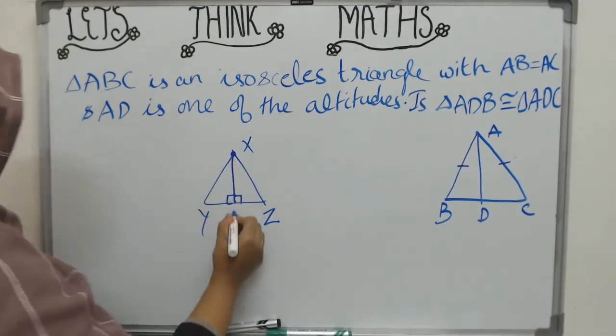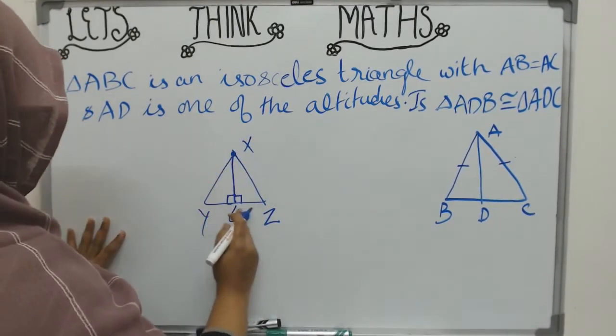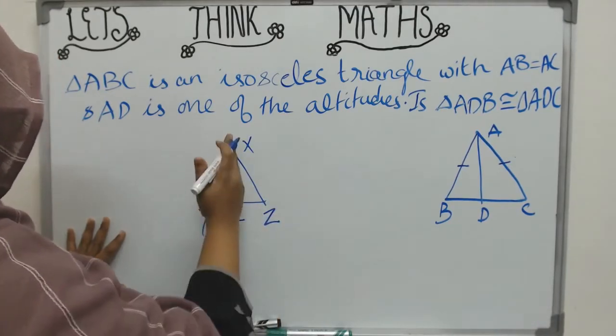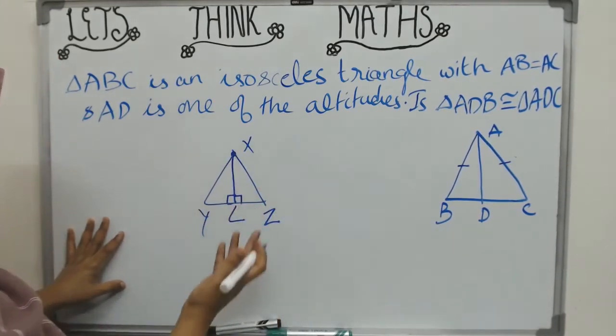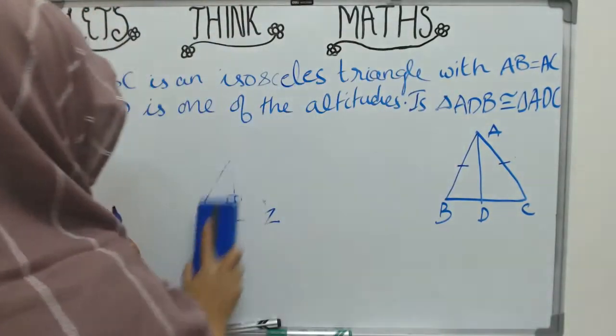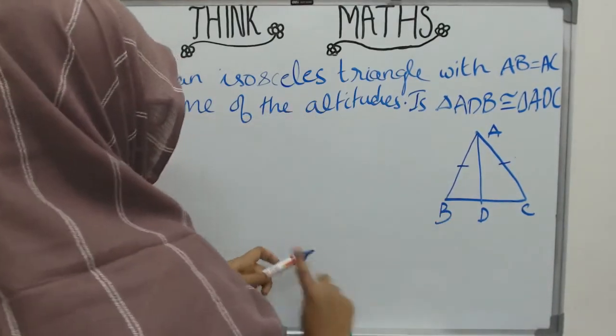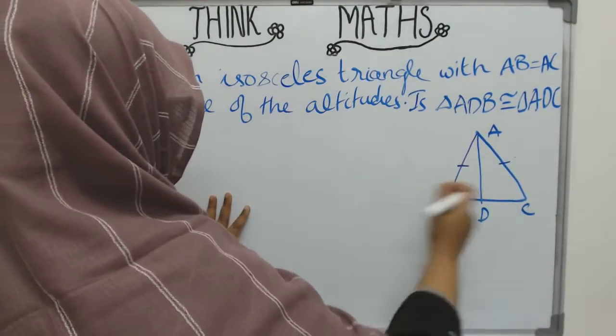So if XL is an altitude, that means XLZ is 90 degrees and XLY is 90 degrees. That's what an altitude means. So here what have they said? They have said that AD is one of the altitudes.